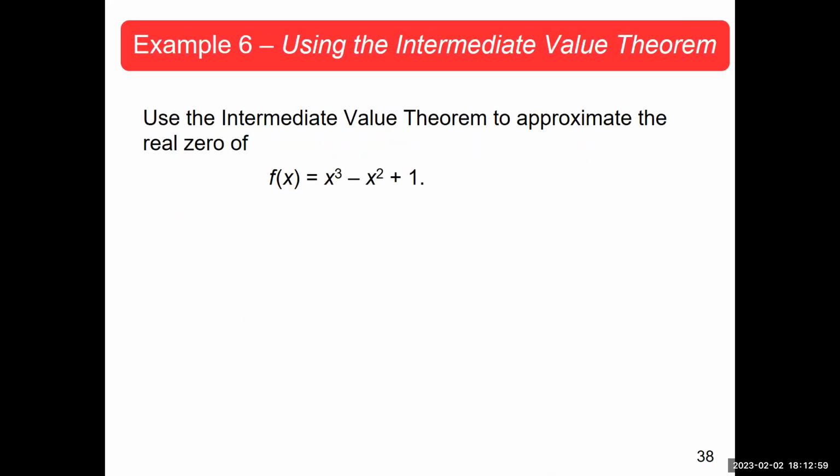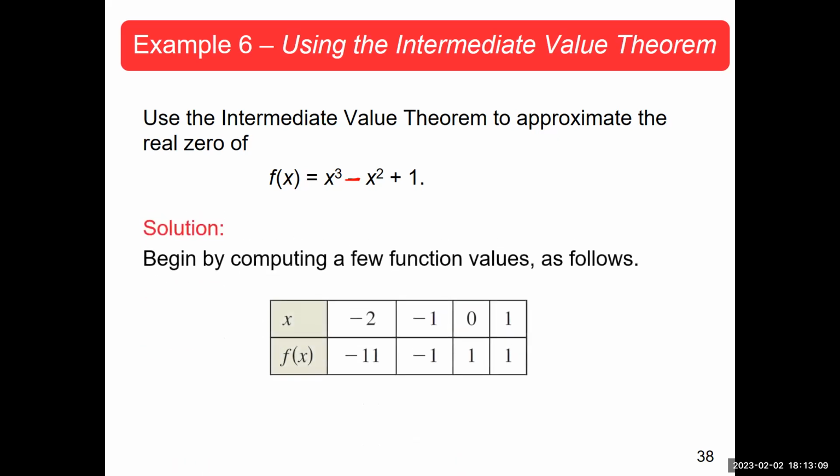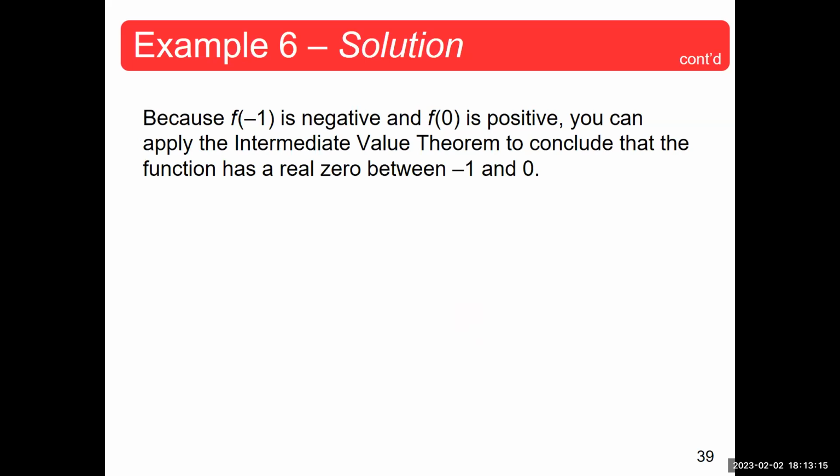This is another example. They change the middle sign to negative, and you do the same process. You make the table like they're showing here, and they say the answer is between negative 1 and 0. I would rather expand it.